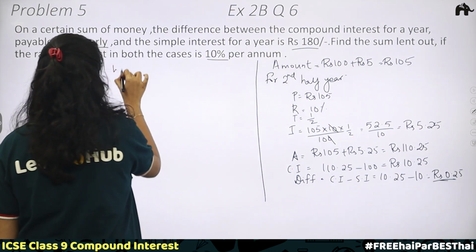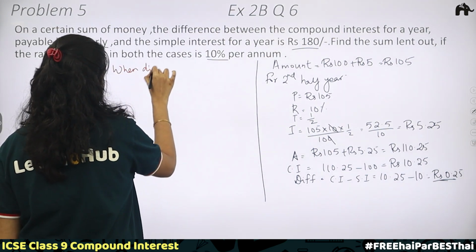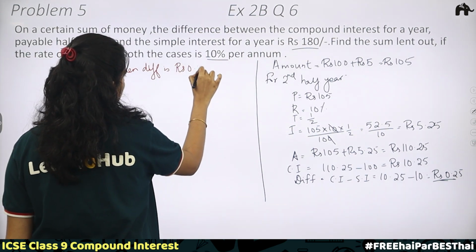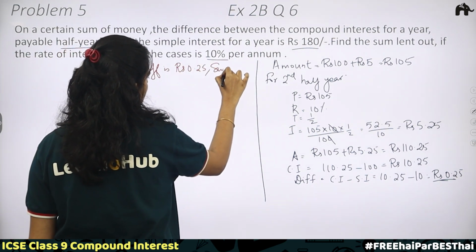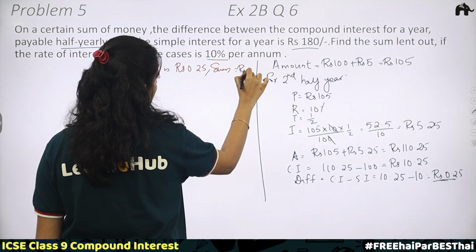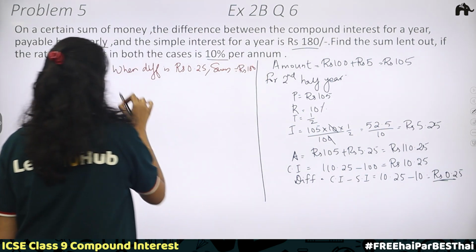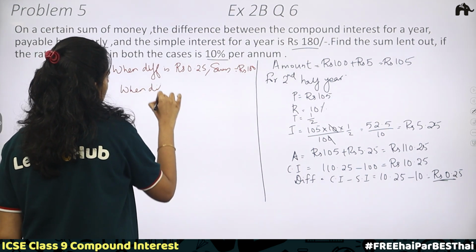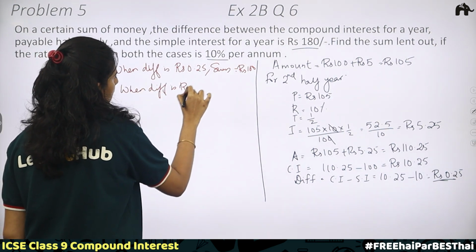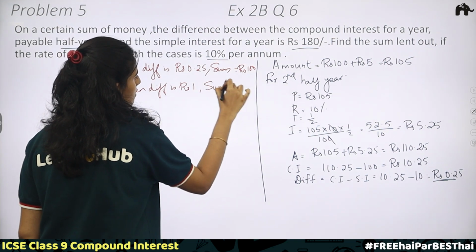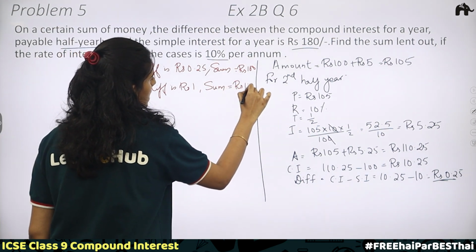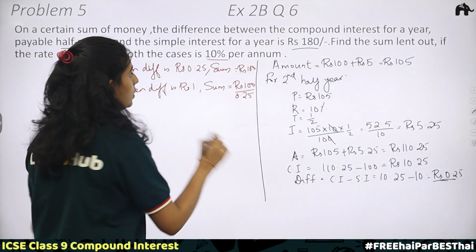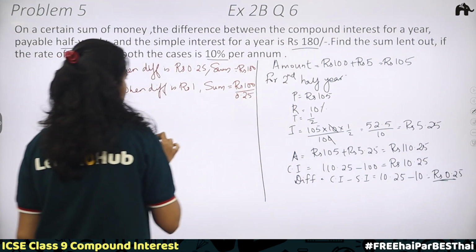Now, when difference is rupees 0.25, we know we have taken the sum is equal to rupees 100. Now, I am asking, when difference becomes rupees 1, what will be the sum? Sum will be equal to rupees 100 divided by 0.25. Okay. Now here the difference is 180.